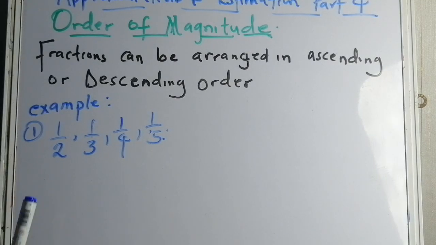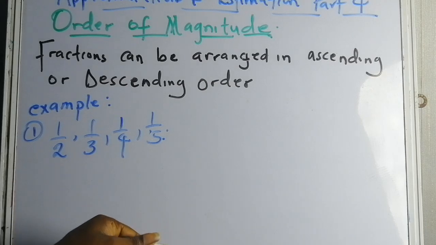The question you need to ask yourself is that these fractions, these are proper fractions now, not improper. Are they in increasing order or are they in decreasing order? Ascending means increase, descending means decrease. A and A, D and D, that's ascending order.